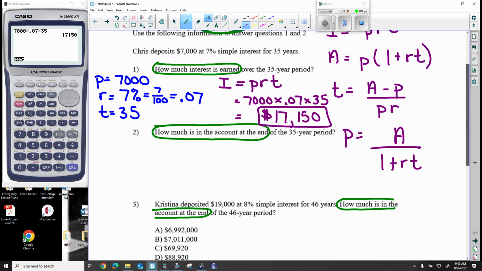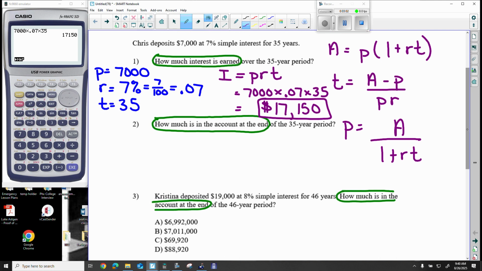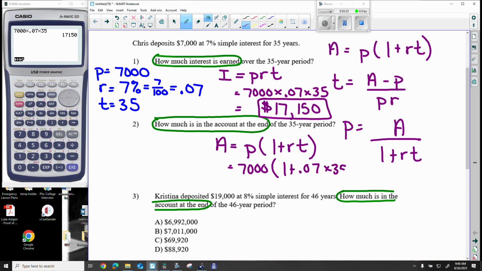Easy enough. All right, number 2 is the same base information, but they ask how much money will be at the end. And so that's A. But we use all the same information as we did in number 1. So we still have a principal of 7,000. We still have a rate of 7%, and this still is for 35 years.